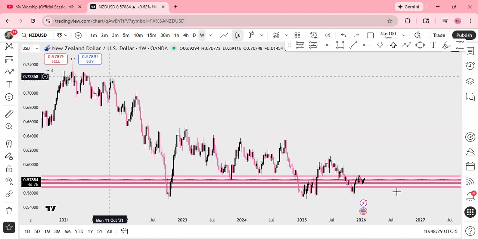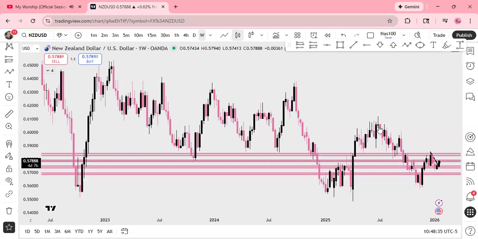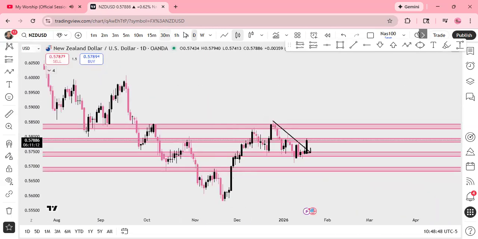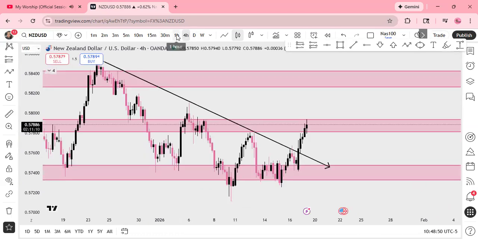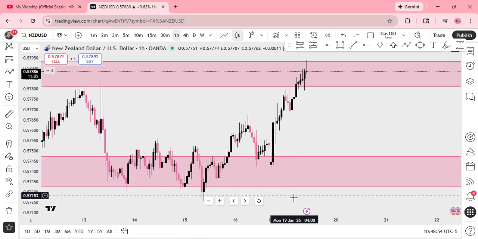So for me, it looks like the market is really bearish right now. We have very strong bearish momentum, a little bit of bullish momentum here, but yeah, it's just a waiting game. I'm going to go down to the hour chart and see what I see.